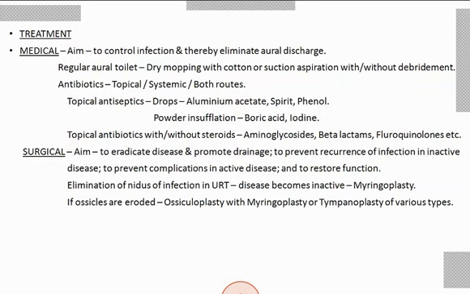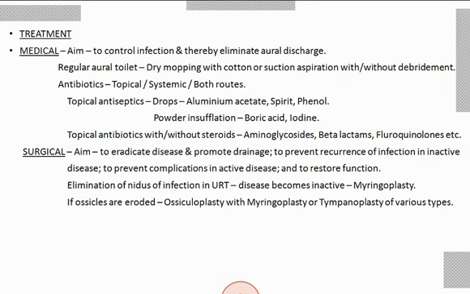And the second one is antibiotics. The route of administration of antibiotics may be topical or systemic or both. Topical antibiotics are prescribed as powder supplements or ear drops. The antiseptic ear drops used to be prescribed in the previous days. They are aluminum acetate, spirit, or phenol.